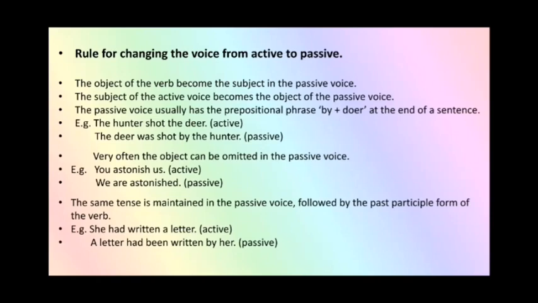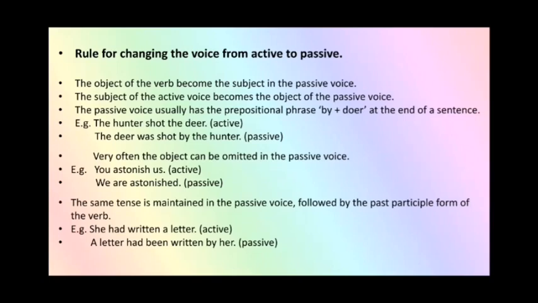Now when we change it into passive voice, "us" becomes the subject, "we". Us became we. We are astonished, and "you" is omitted, because the agent can be omitted in the passive voice.